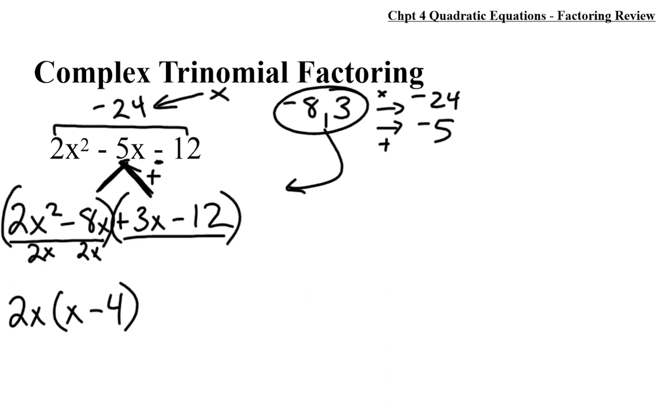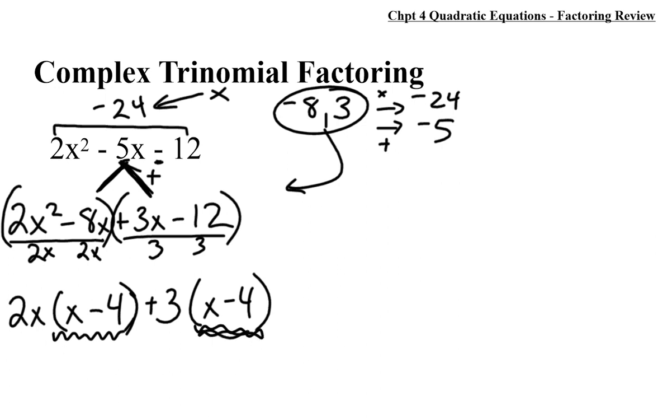GCF here is going to be a 3. So that's going to leave me with x. Whoops. I forgot to write that I'm factoring out the 3. Don't forget that. Factoring out a 3, x minus 4. And from there, we have the common factor in each case of x minus 4.